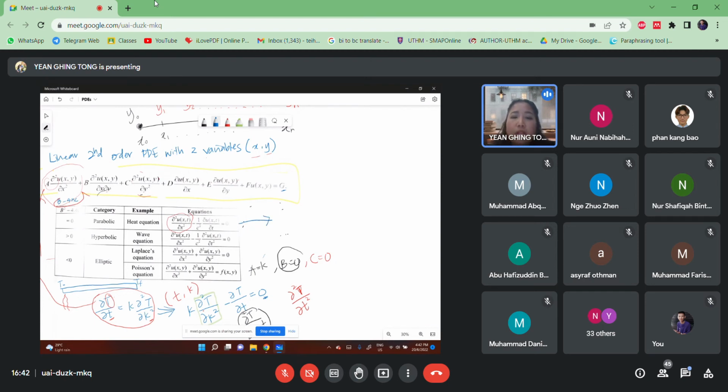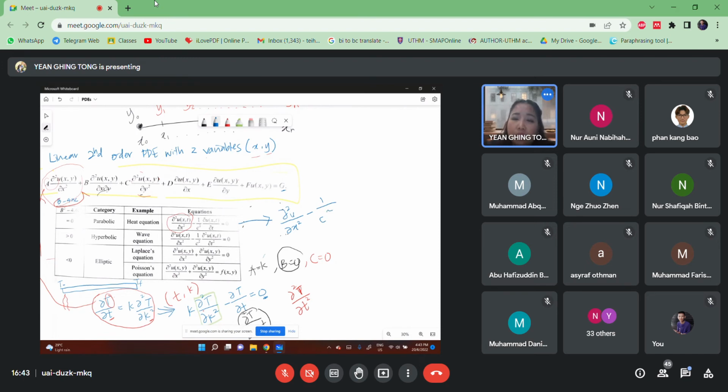Now, this one, let's say I write it back. Okay, kalau lah saya tulis kan, saya del U del X square. Okay, saya tak tulis yang that X prime T, that is the independent variable. So here we have two independent variables. One is X, another one is T. Kalau dia ada X, T macam tu. So here negative C square.